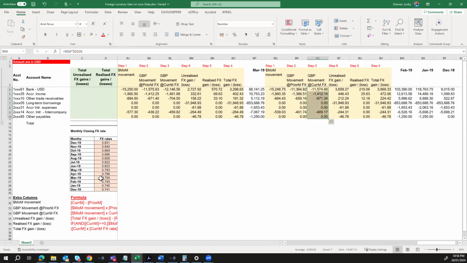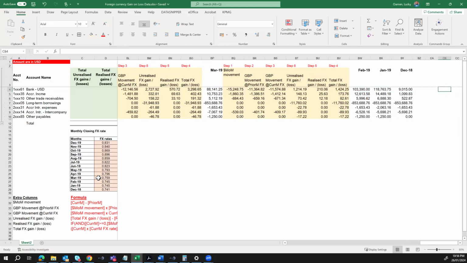Drag down. Then step 4 becomes the March rate becomes February rate, and the April rate becomes March rate. Press the enter key, and I'll drag down.